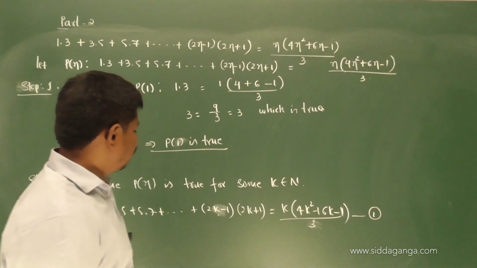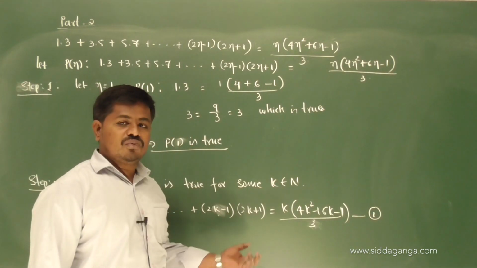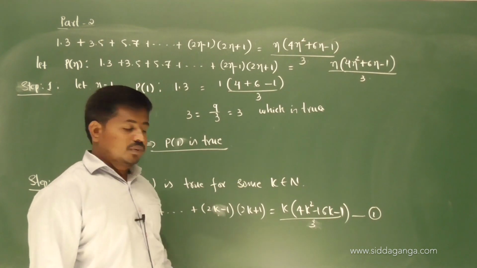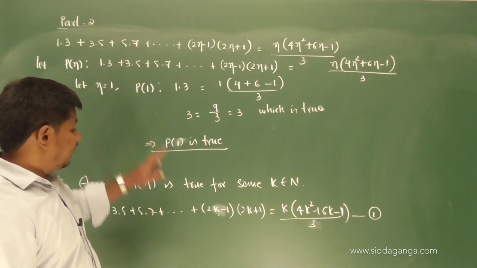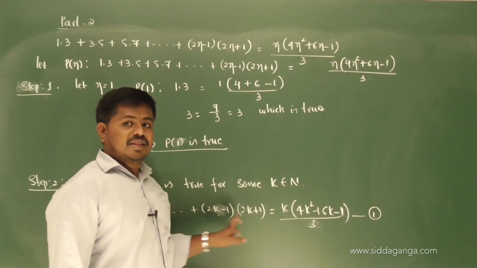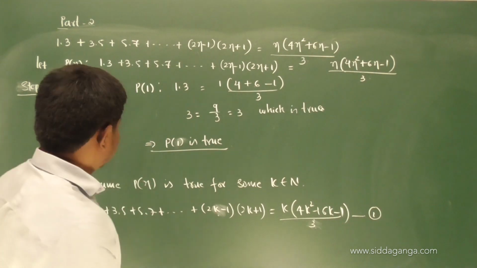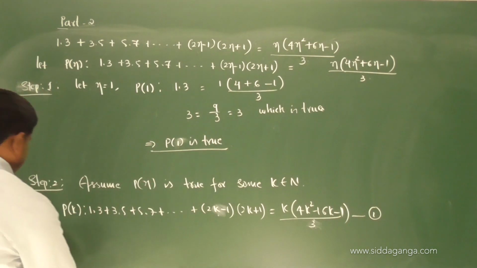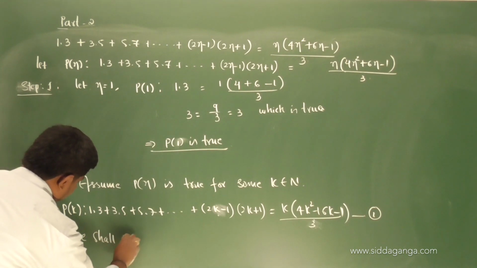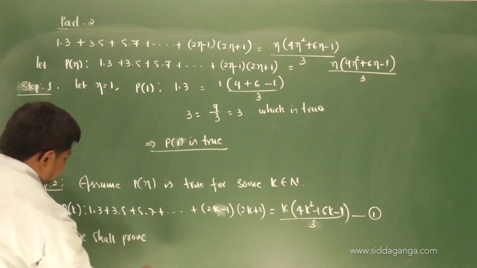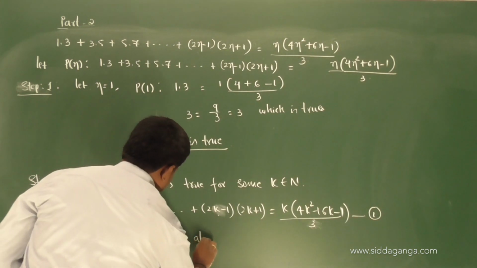This is what is assumed to be true now. So by assuming it is true for the kth term, we have to prove this is true for the k plus 1th term also, right? So we shall prove P of k plus 1 is also true.